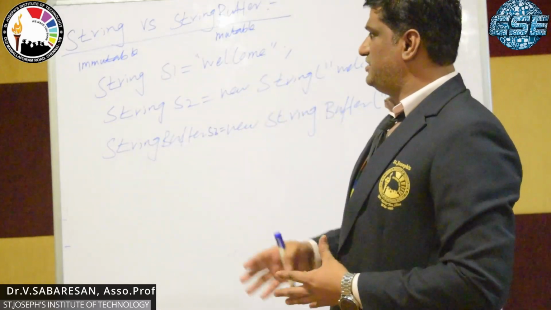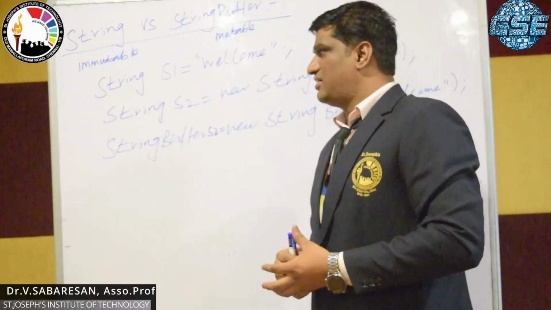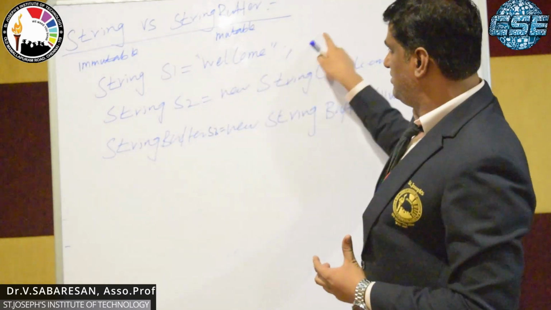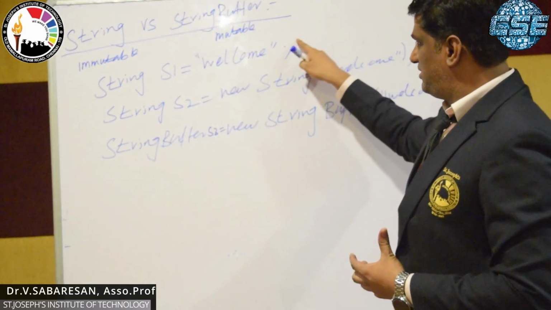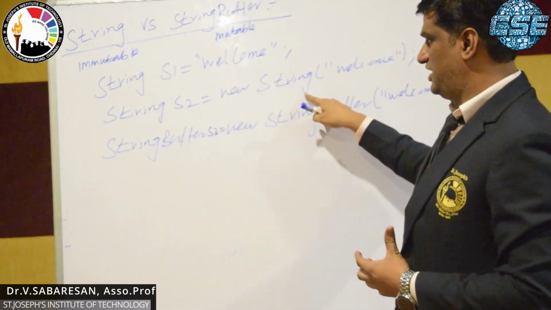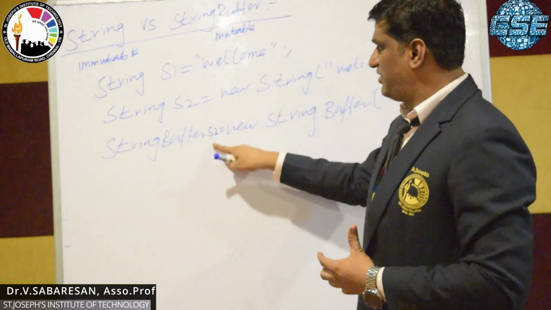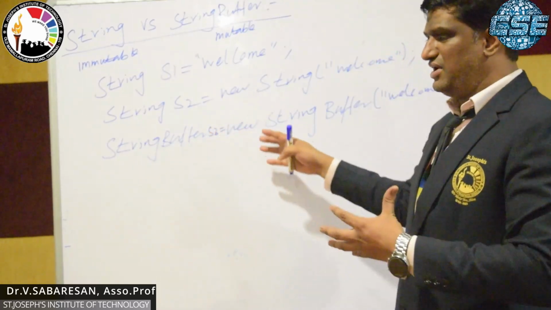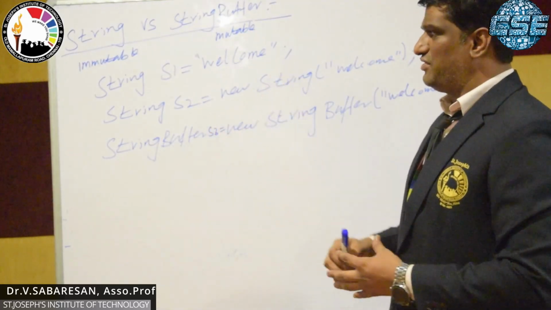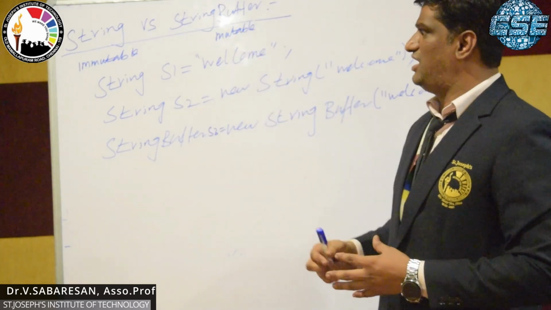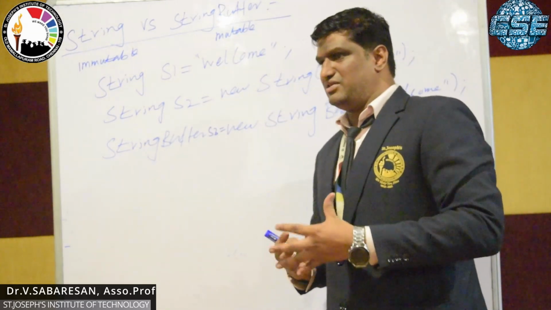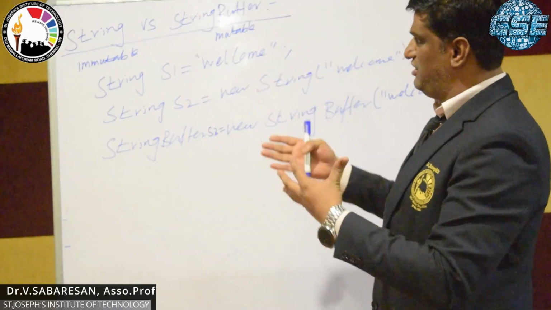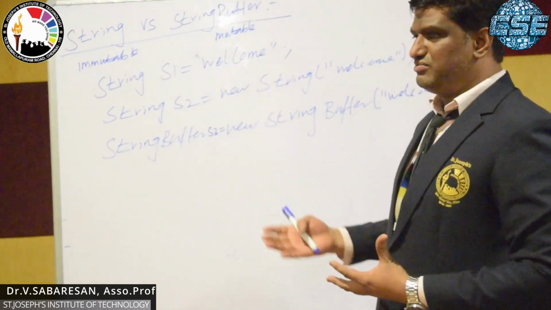The next difference is that in the String class, values can be stored in two different places, either in the constant pool of the method area or here in heap memory. In the StringBuffer class, the values or variables are stored only in heap memory. So the memory locations are different. Strings consume more memory, because each and every time we store the value in two different ways, and the values are not permanently stored.